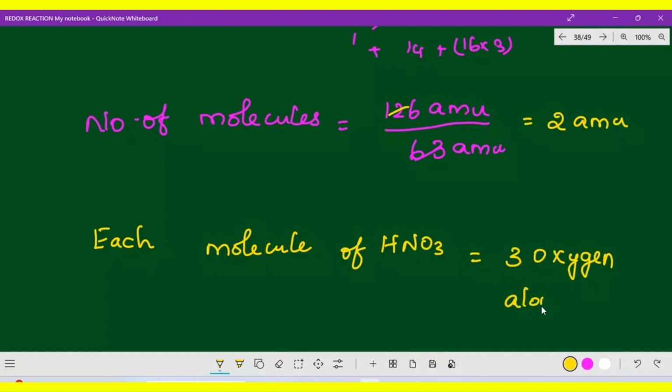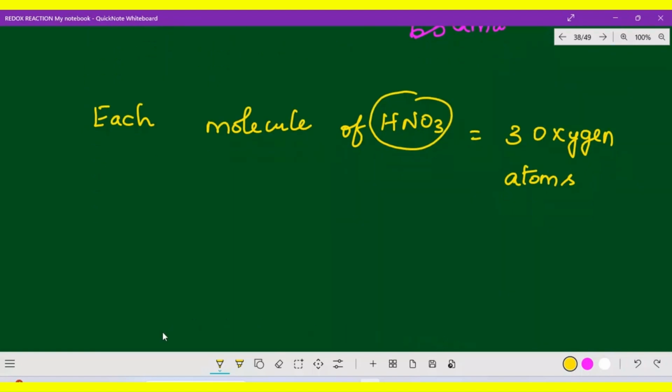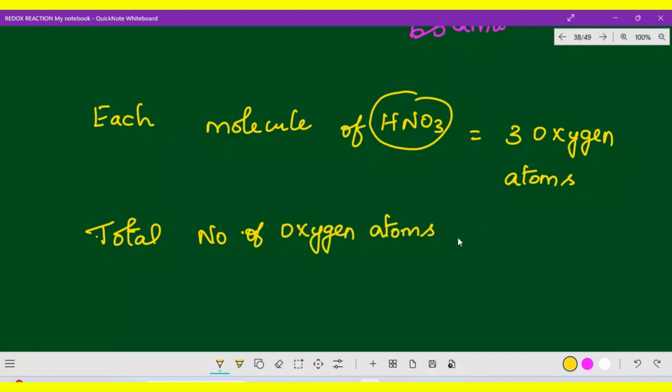Now total number of oxygen atoms in 2 molecules: that is 6, easily we can identify. So here how many molecules are available? 2 molecules into 3 oxygen atoms.